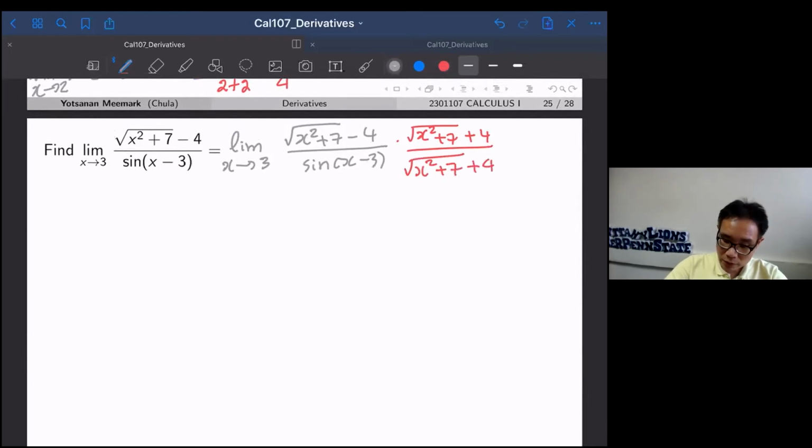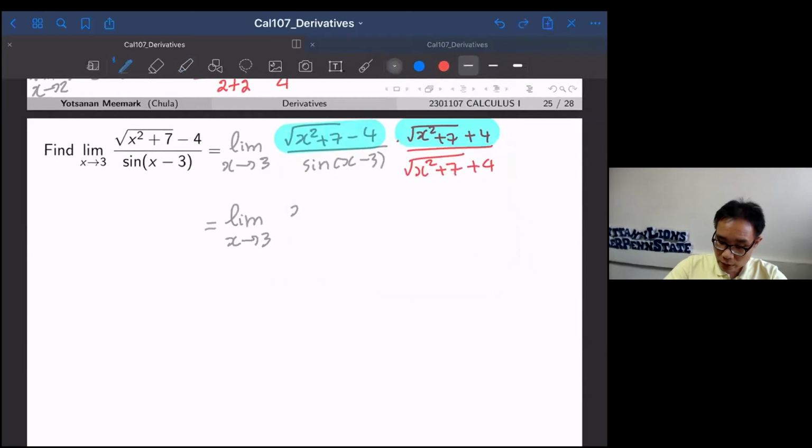You multiply the top one, so it's this term and this term.